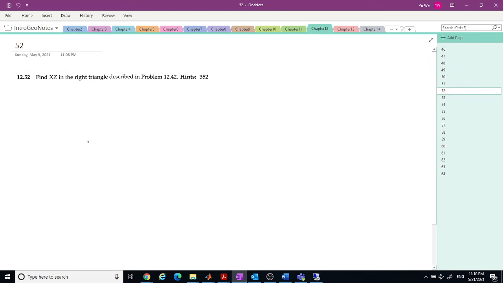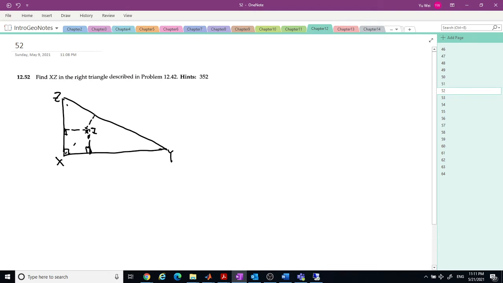Now find XZ. This is XZ. So we have a right angle at X, with XZ and XY, and we have the incenter I. Now we have the touch points, right?